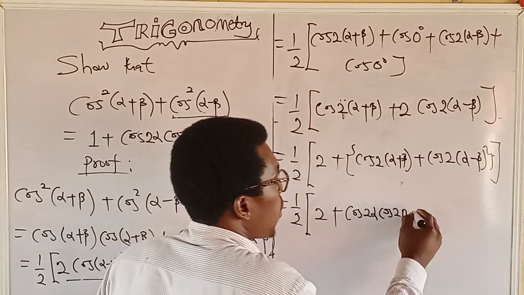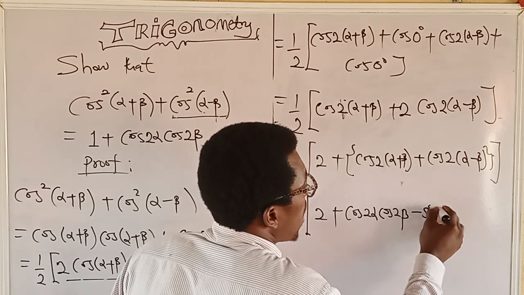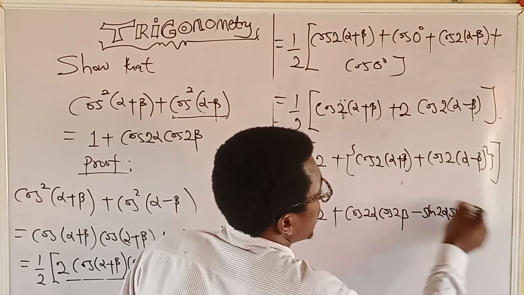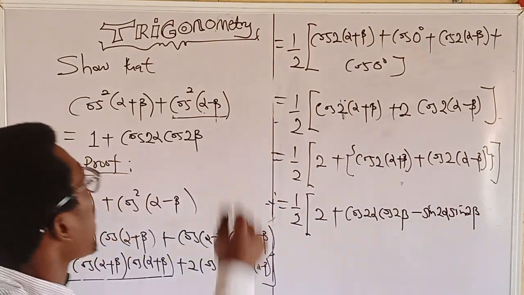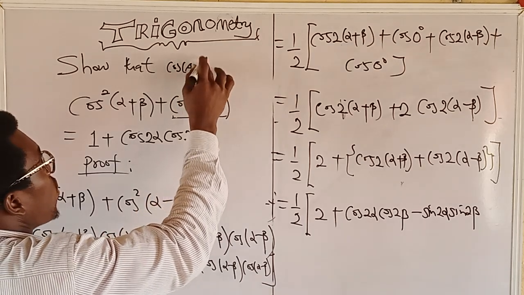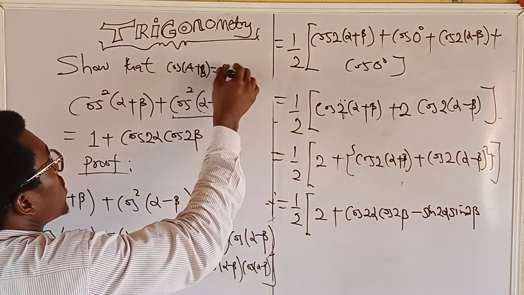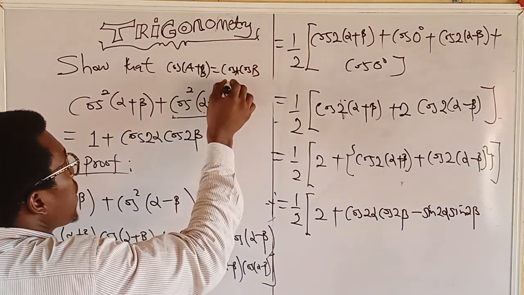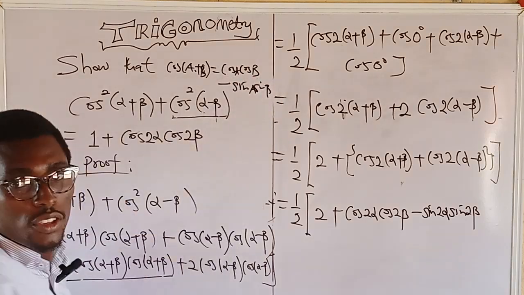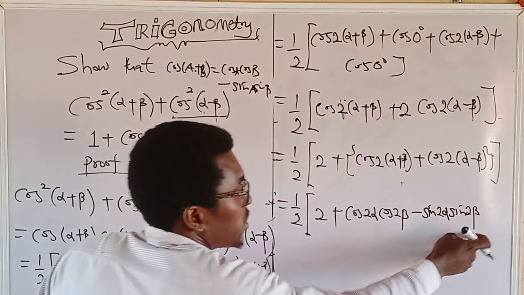Since here is positive, it becomes minus sine 2 alpha and sine of 2 beta. You know this formula? If we have cos A plus B is equal to cos A, cos B, minus, since here is plus, sine A and sine of B. So on applying this formula, we have this result here, all right?